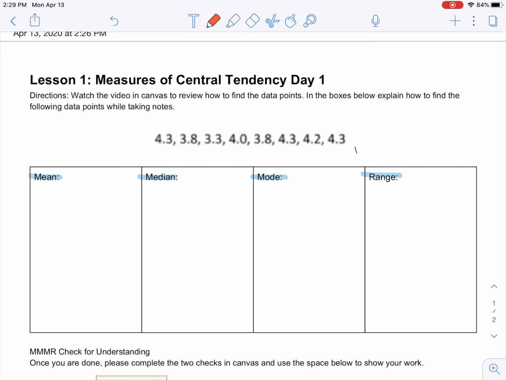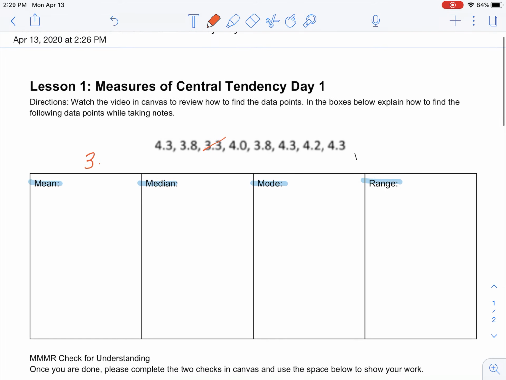So the first thing I'm going to do is put these in order. My least number is 3.3. I'm going to cross it out and write that down. Then we're going to move on. We have 3.8 written in there twice, so I'm going to cross those out.